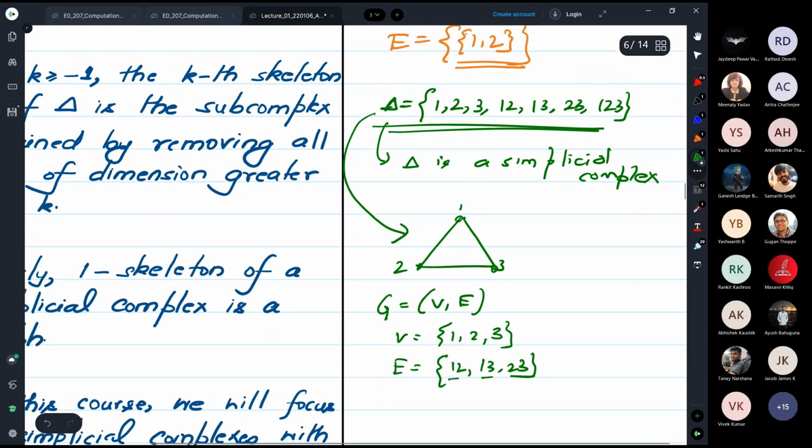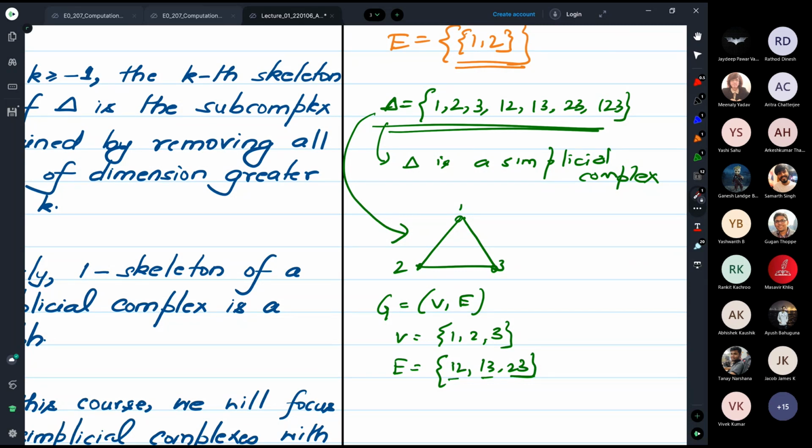Now, if you look at the description of this simplicial complex, can you see we have this additional subset over here? So you see 1, 2, 3 is there, 1,2, 1,3, 2,3 is there, and then we have an additional relation. My claim is that if you view this as a graph, then you are ignoring this additional information that has been given to you.